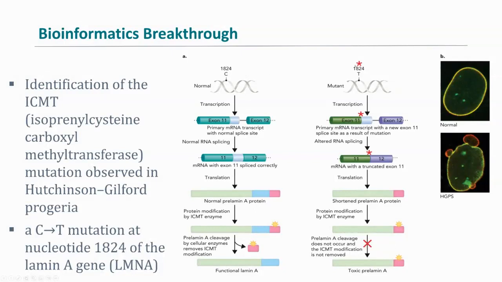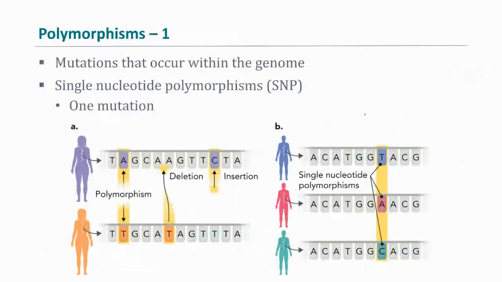So one nucleotide change would make a change in the protein, and then cause the mutation and cause the disease. Okay. So that's a single nucleotide polymorphism.